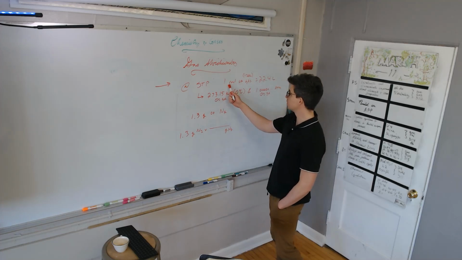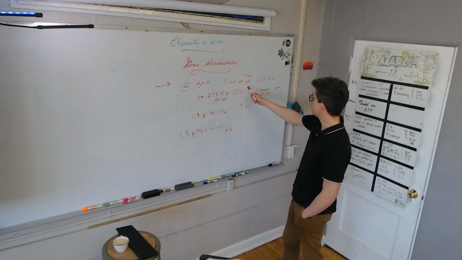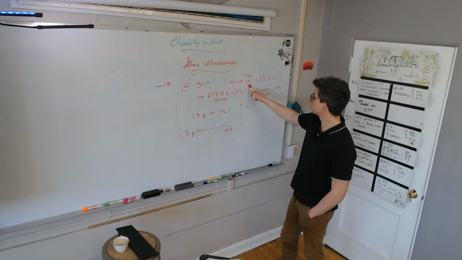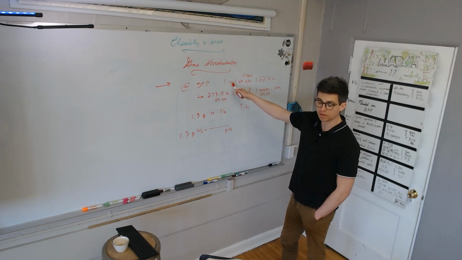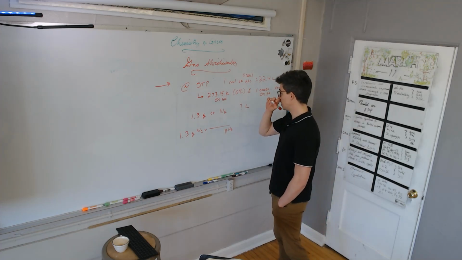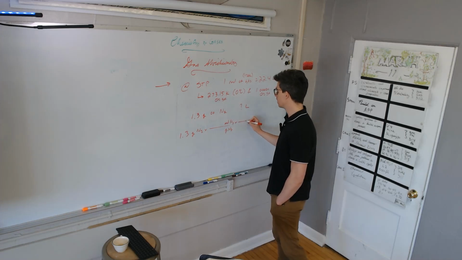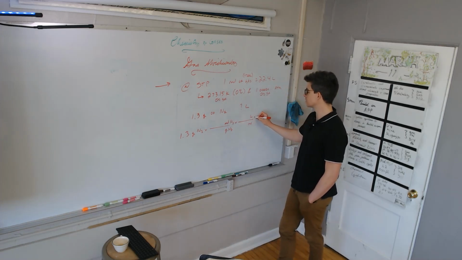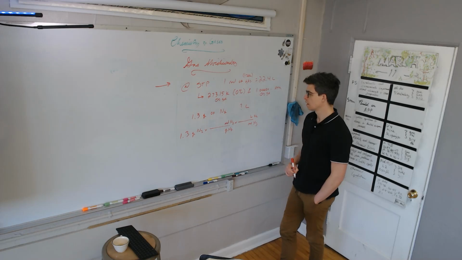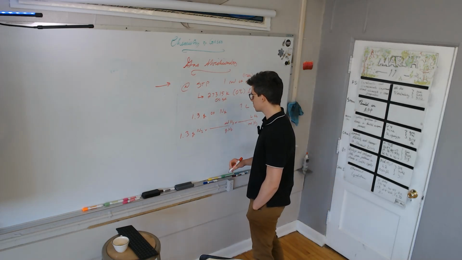well, we know we want to find its volume, and we know that its volume has this amount. Well, it will be in a second, but for now we're just going to go from grams to moles of nitrogen, and then moles to liters. How do we find how many grams are in 1 mole of nitrogen?